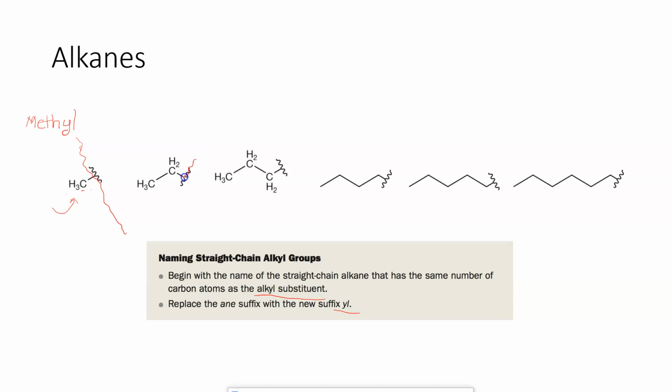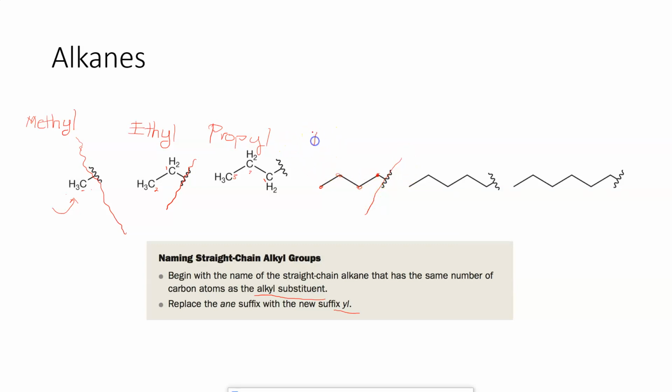Now, for a substituent with 2 carbons, 1 and 2, remember, I have to use the root eth, but instead of ane, I'm going to add yl, ethyl. If I have 3, 1, 2, 3, this is going to be prop, and then the ending yl, propyl. And then for example, I have 1, 2, 3, 4 carbons, a substituent with 4 carbons attached to my main chain.